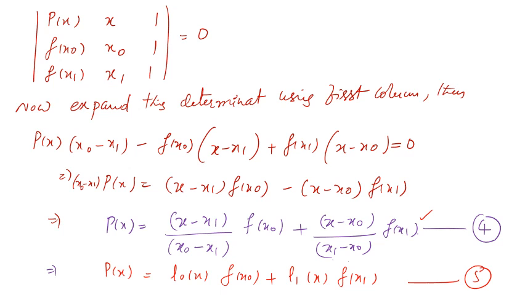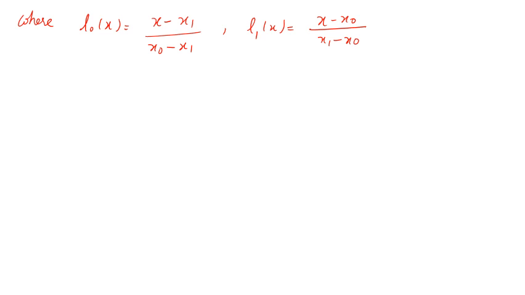This is called Lagrange interpolation formula. Both are the same. Where, what is L0 of x? L0 stands for x minus x1 by, replace x by x0 in the denominator. This is L0, and L1 of x is what? x minus x0 by, replace x by x1 here.